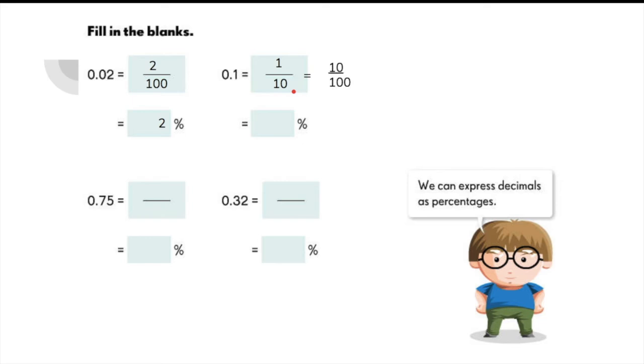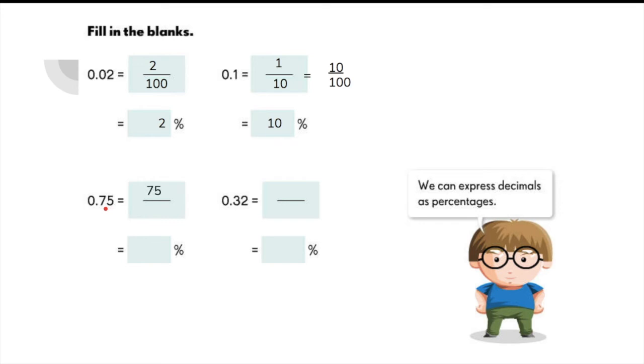And to do that, we just need to multiply 1 over 10 by 10 and 10. So 1 times 10 is 10, 10 times 10 is 100. Now that our denominator is already 100, it is now easier for us to convert this fraction into a percent. So this will give us 10%.